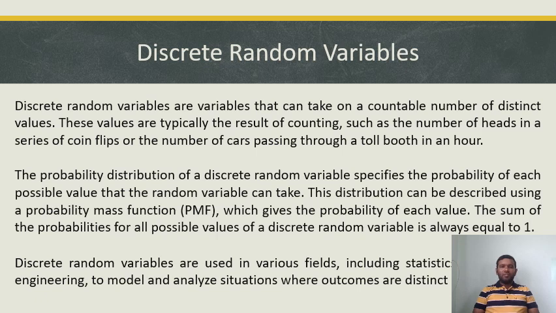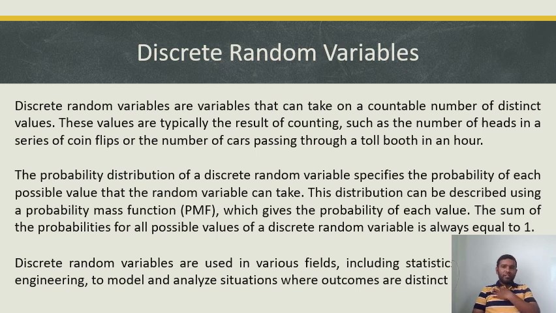Discrete random variables are variables that can take on a countable number of distinct values. These values are typically the result of counting, such as the number of heads in a series of coin flips or the number of cars passing through a toll booth in an hour. The probability distribution of a discrete random variable specifies the probability of each possible value that the random variable can take.